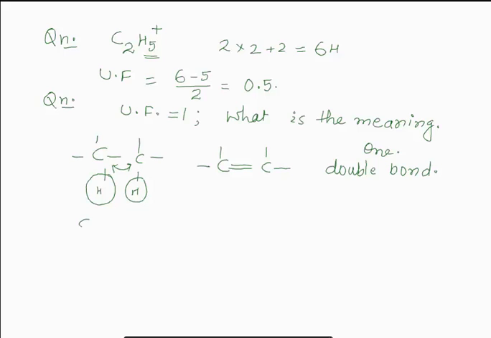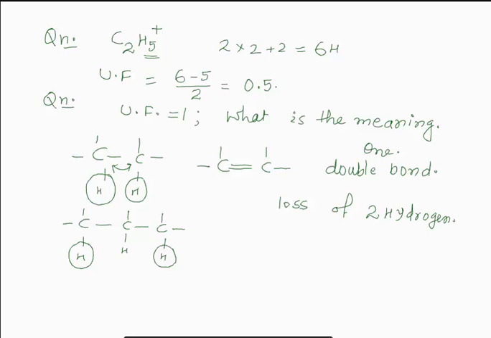Unsaturation factor 1 also means we can have a ring. For example, I can remove this hydrogen and this hydrogen. Unsaturation factor 1 means there is a loss of 2 hydrogen. So we can remove these 2 hydrogen, and these 2 carbon can be connected.